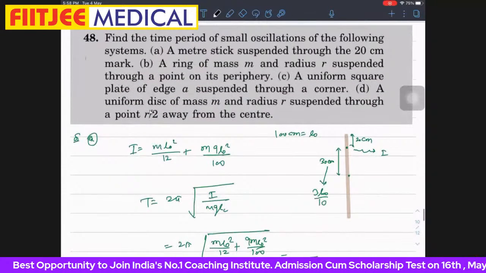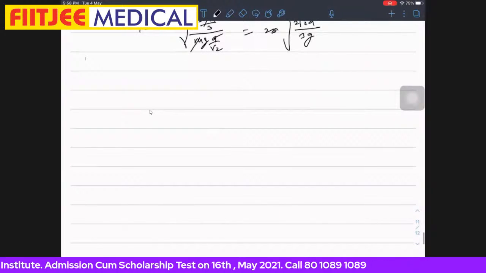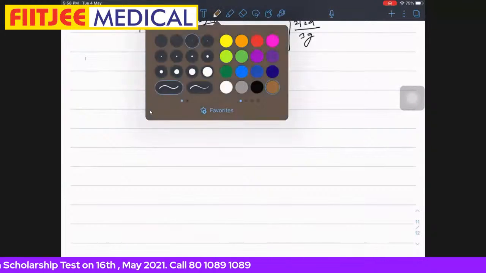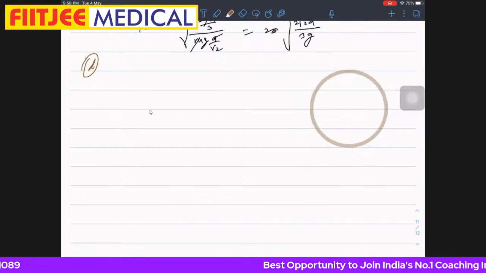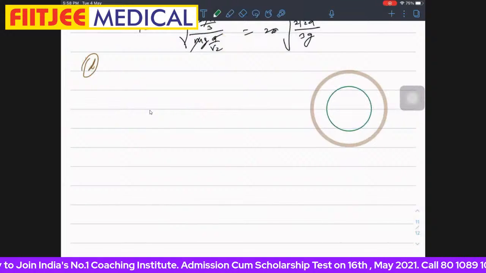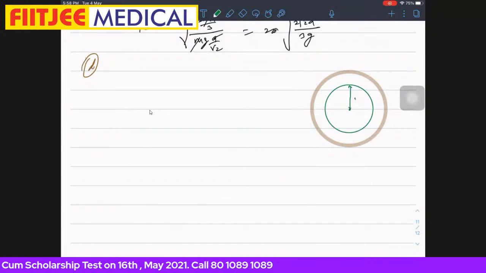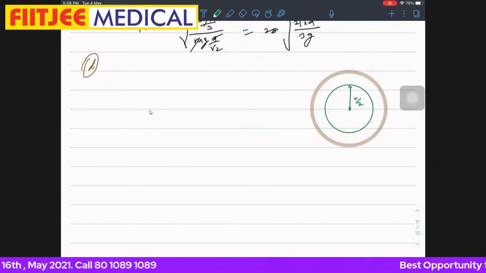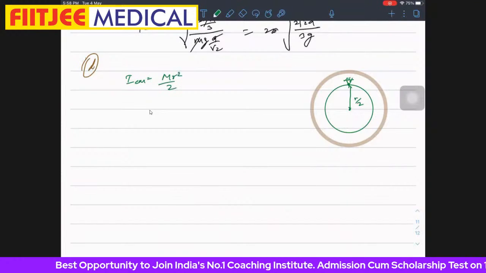If you see the last part of this question, we have a uniform disk of mass m and radius r suspended through a point r by 2 away from the center. Taking part D, there is a circular disk, and this is the center; the point of suspension is at a distance r by 2 from here. About the center of mass, the moment of inertia of a circular disk is m r square by 2.